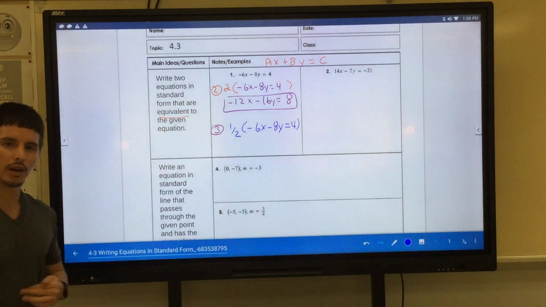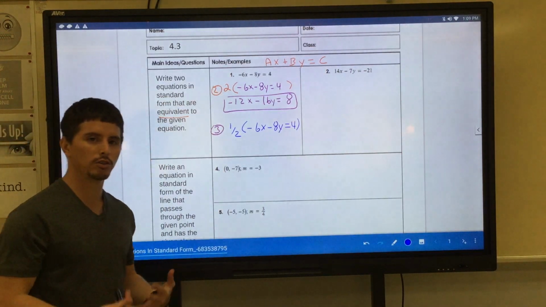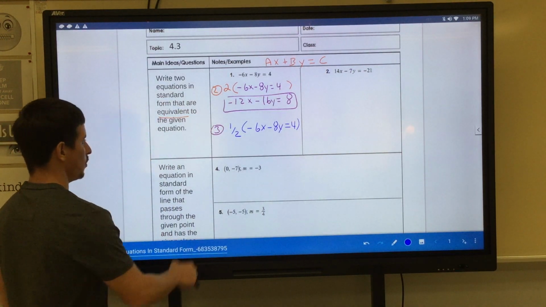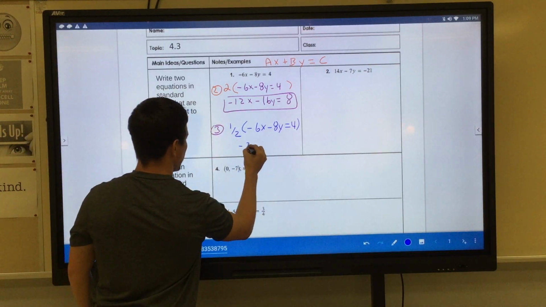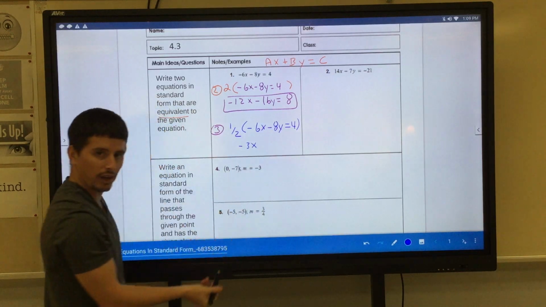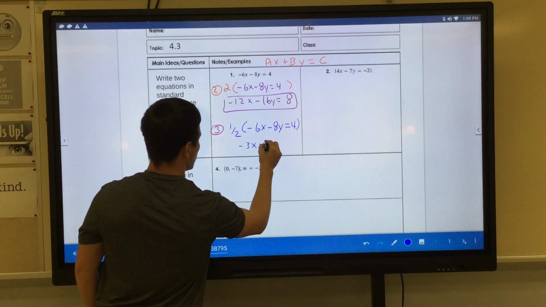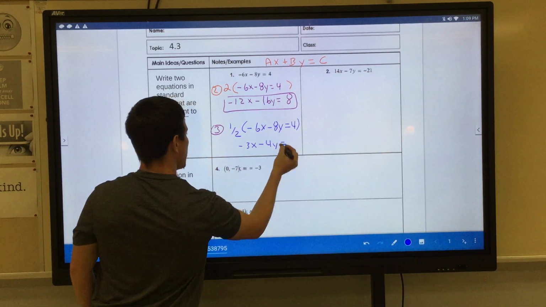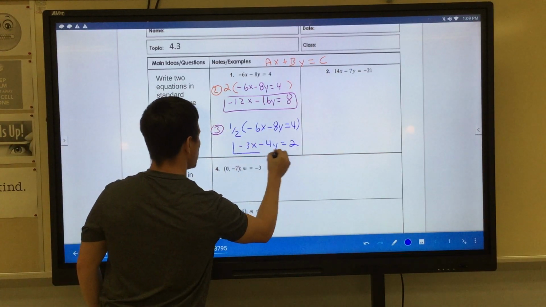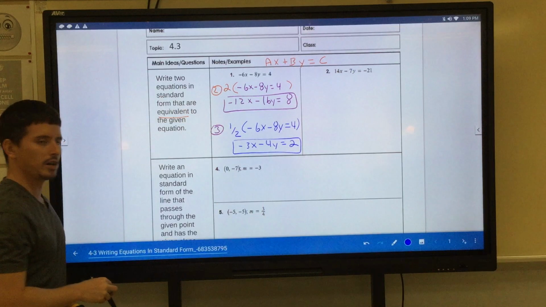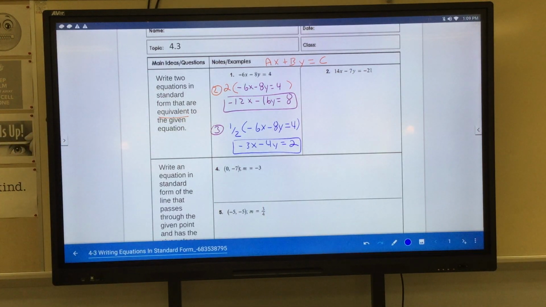So I'm going to multiply everything by 1/2 to get a brand new equation. So what's a half of negative 6x? Well, it's negative 3x. Half of negative 8y, negative 4y is equal to, and half of 4 is a positive 2. And therefore, that's my other new equation.